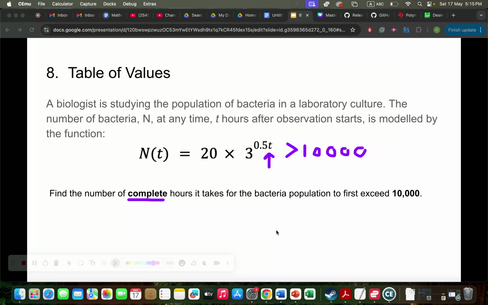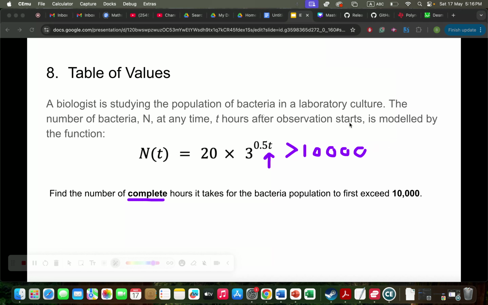That's where I would suggest drawing the intersection between this graph and 10,000 and finding the intersection point. So without the word complete, you will have to draw the two graphs and find the intersection point. But if you simply know that the answer is going to be a whole number, then please use the table of values.